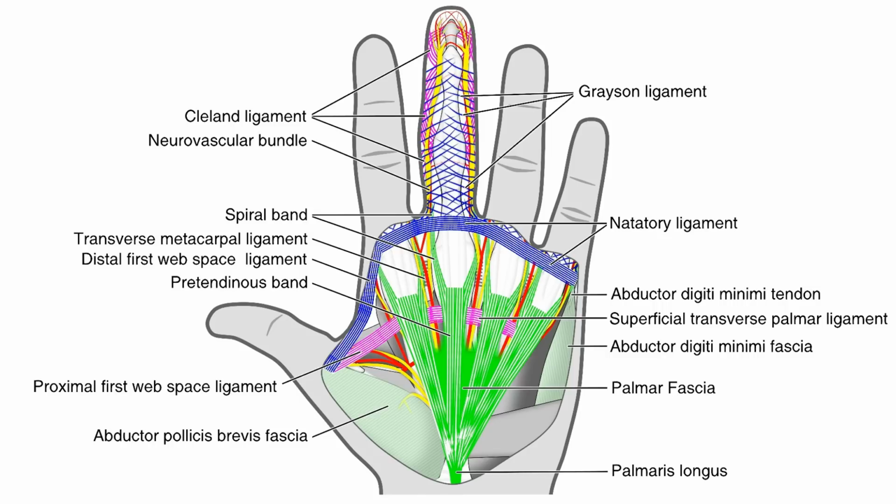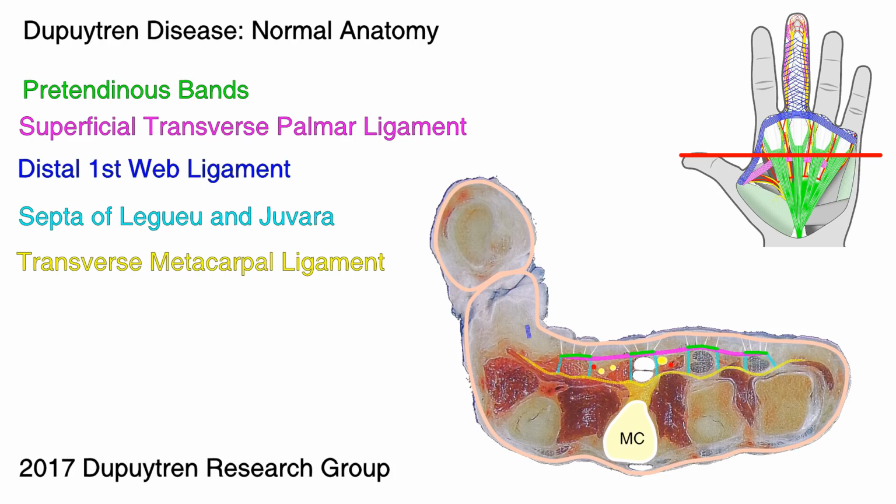And it's not simply this surface, it's a three-dimensional extent of involvement. So here's a cross-section through a cadaver hand with some of the structures that are involved with Dupuytren disease marked up in color. And you can see that the structures actually extend from the undersurface of the skin through different colored structures down to the bone.